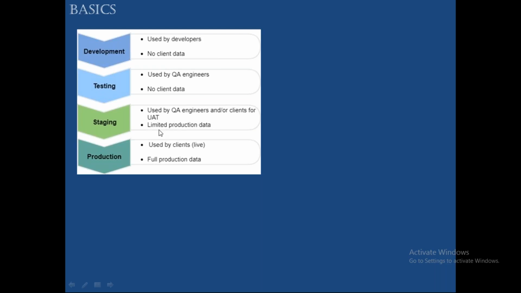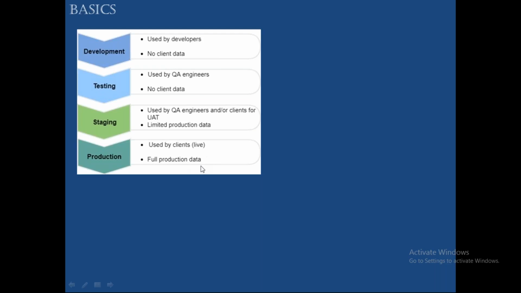Suppose I am creating some customer ID, customer name, customer location, that is mock data, just to test whether my pipeline is working or not. But when we go to our actual data, client data they will give when you move your code into the staging environment.